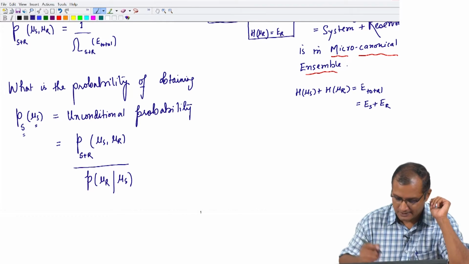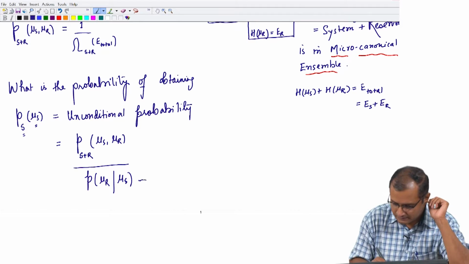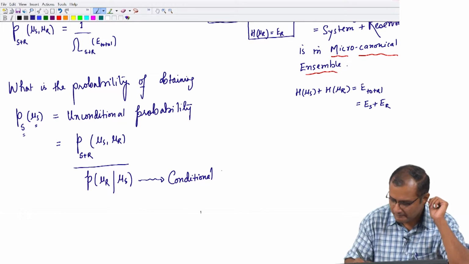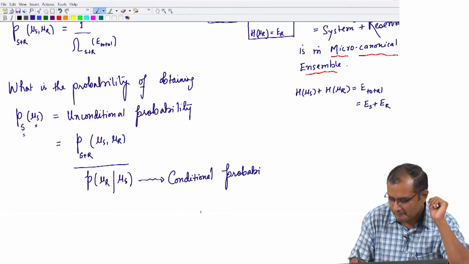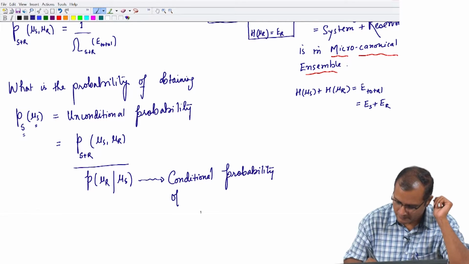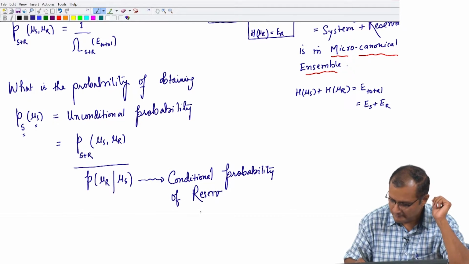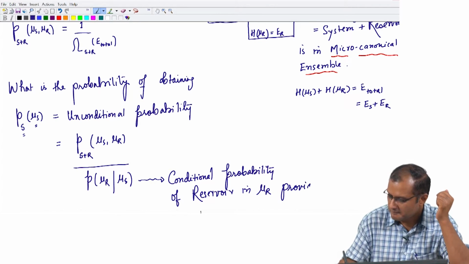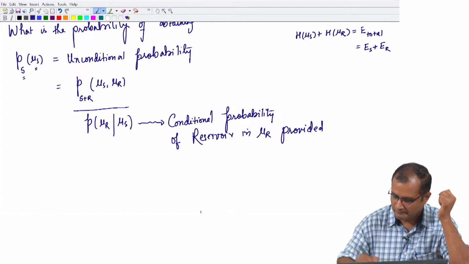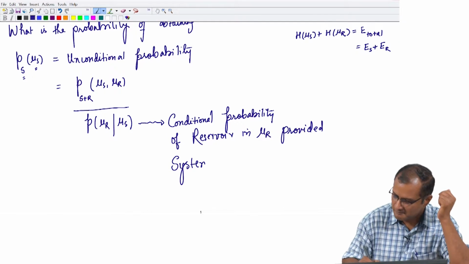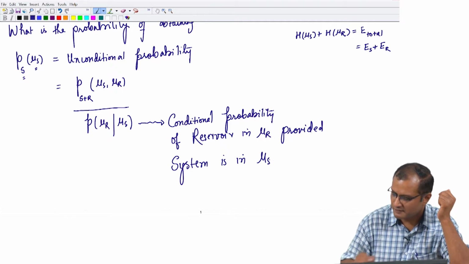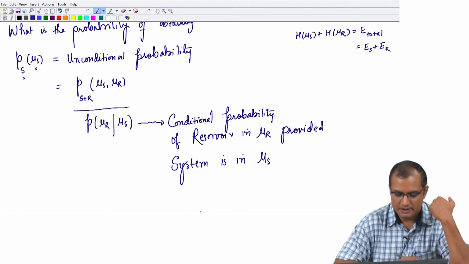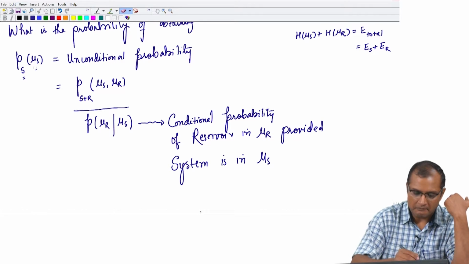So, I will say that this is nothing but a conditional probability of reservoir in microstate mu r provided system is in mu of s.